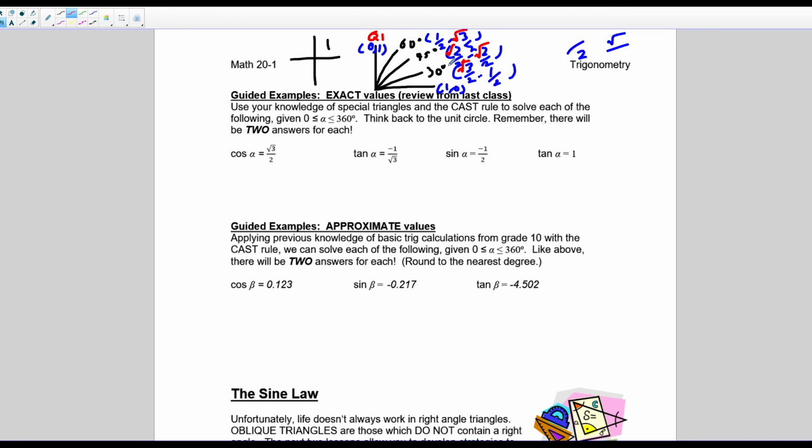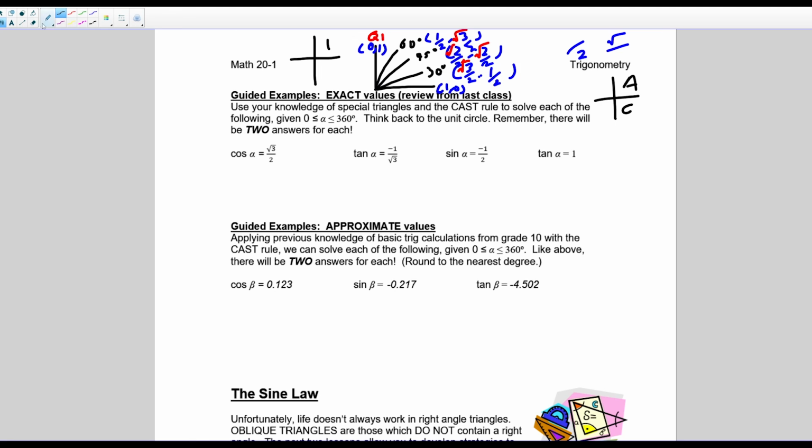Looking at our cosine of alpha here, we have square root 3 over 2. So we know it's going to be positive. According to the cast rule, cosine is going to be positive in quadrant number 1 and quadrant number 4.